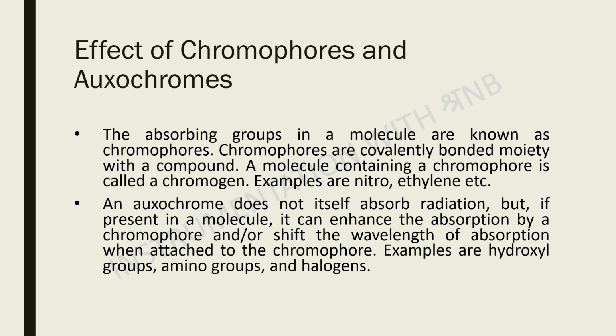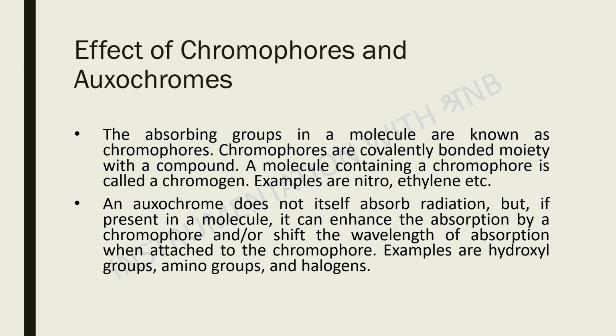An auxochrome does not itself absorb radiation, but it enhances the absorption by a chromophore. Examples are hydroxyl groups, amino groups, and halogens. All these groups possess lone pairs that, when attached to an unsaturated compound, give n to pi star transition.